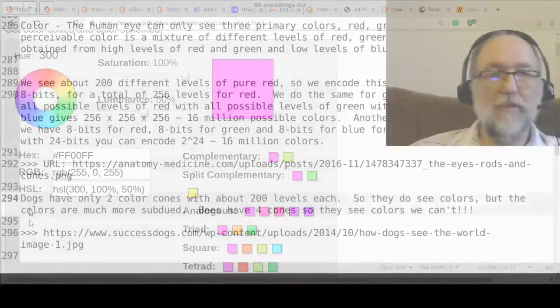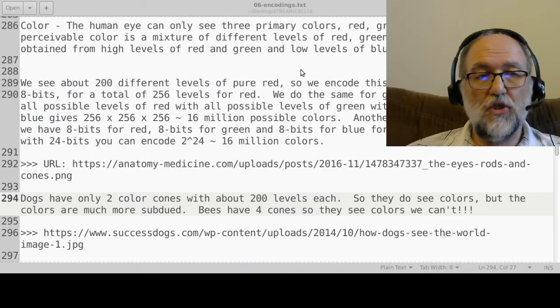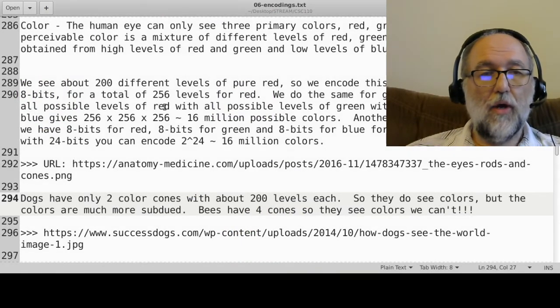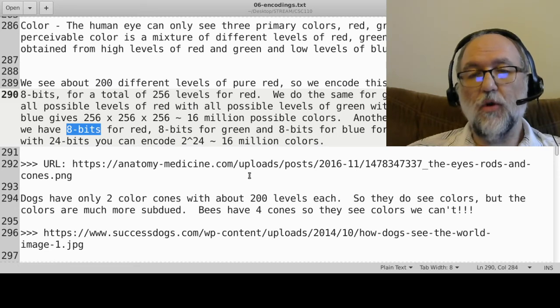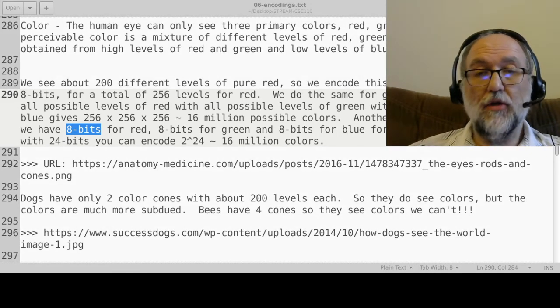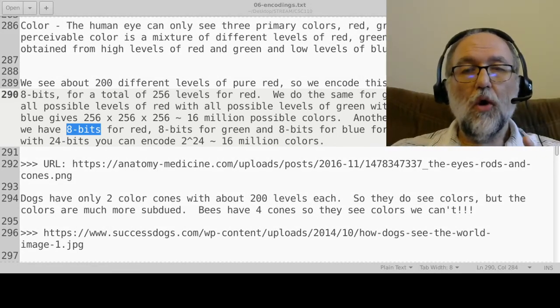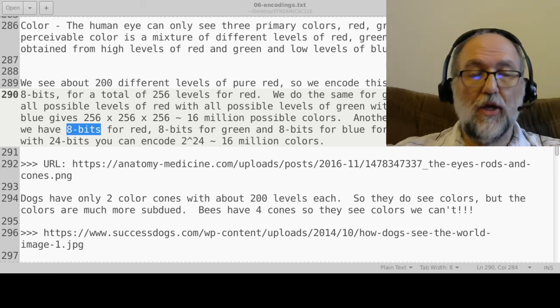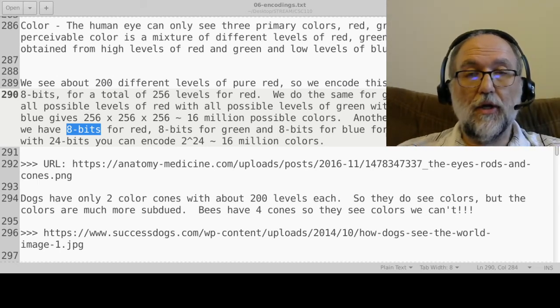Now we don't have to study all of this. It's sufficient to know that each of your channels has 8 bits, or in other words, 1 byte for each color channel. So to encode any particular color, you can think of it as 24 bits or 3 bytes.